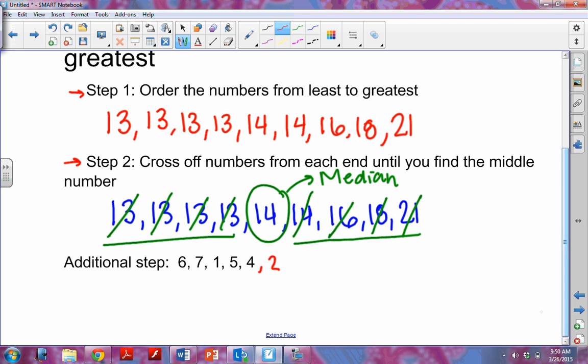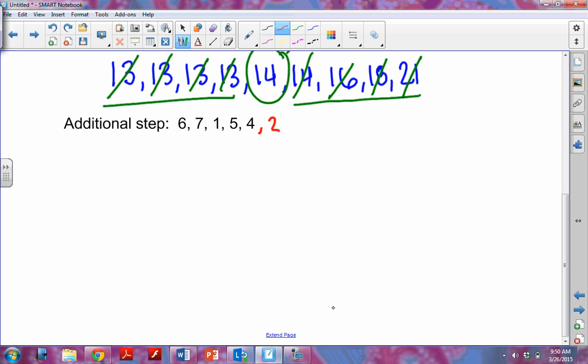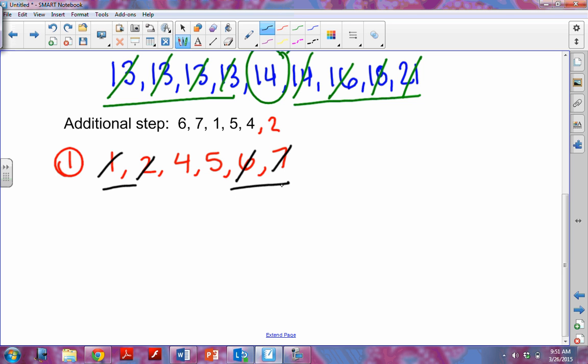First, put my numbers in order from least to greatest: 1, 2, 4, 5, 6, and 7. That was step one. Step two is to mark off from each end. I'm going to mark 1 off from the left and 1 off from the right, and again 1 from the left and 1 from the right. There's not enough left, so I'm left with the 2 numbers in the middle.